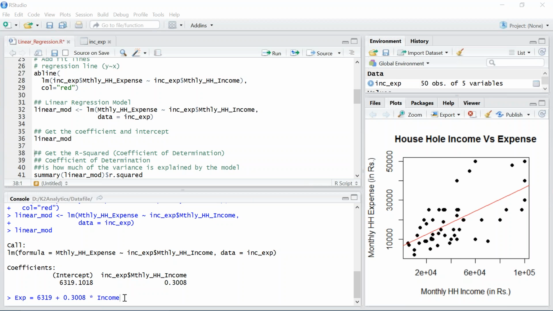So this is a simple linear regression. Make sense? Is the concept clear?